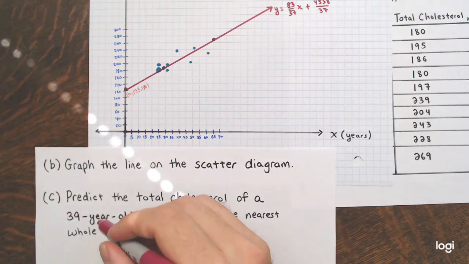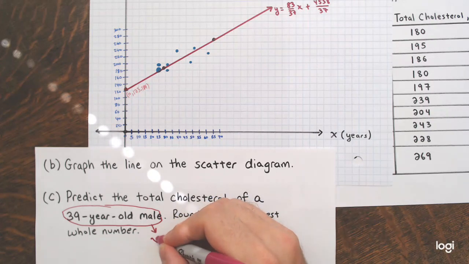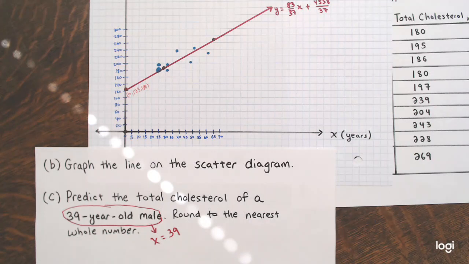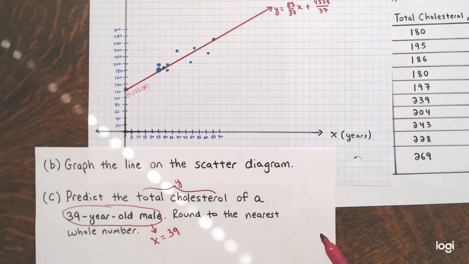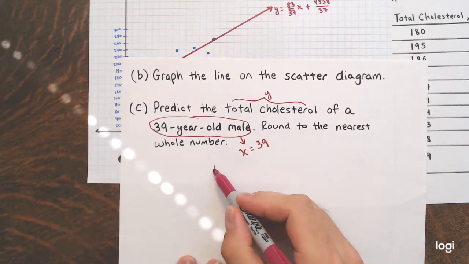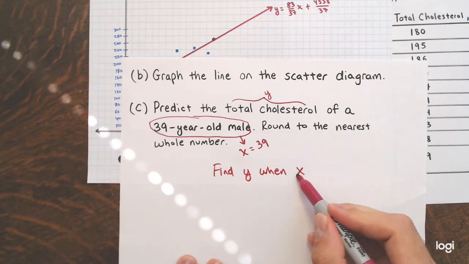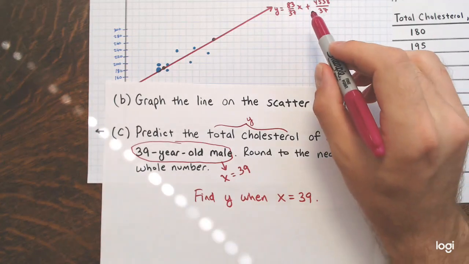So 39-year-old male, this is x. Our values of x were the age of these males. And total cholesterol was represented by y. So this is just saying, use our equation to find y when x is 39. That's what I'm using this equation for.